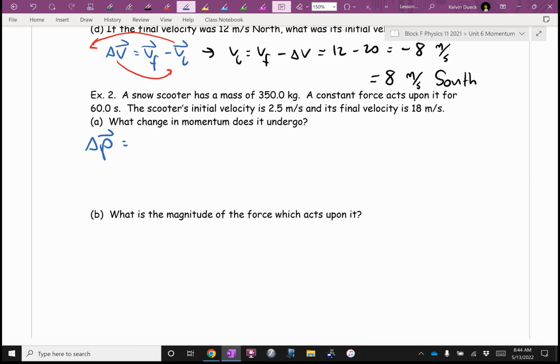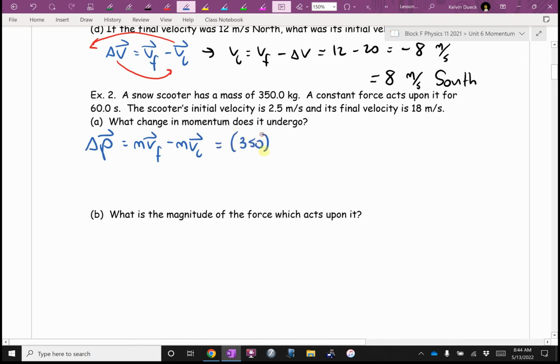Look up. Don't write this next bit down. On your formula sheet, because I abbreviated, I wrote it like that. But, Jonah, what's changing? Anything? Write this down. I would go straight to mv final minus mv initial. Jada, what's the mass?